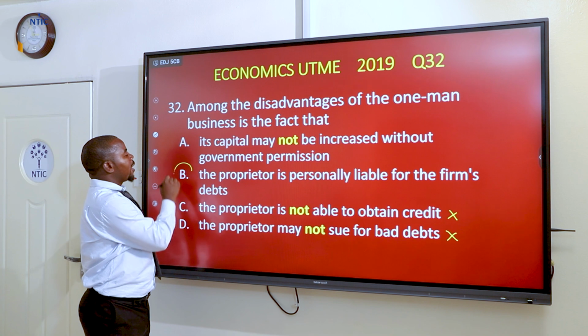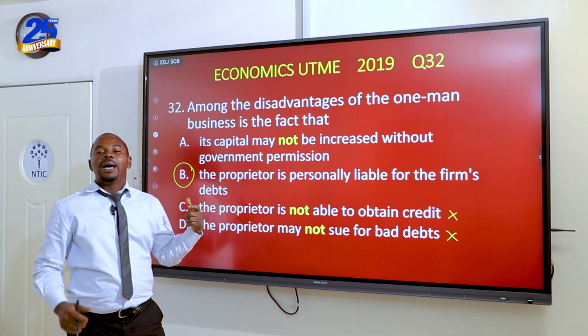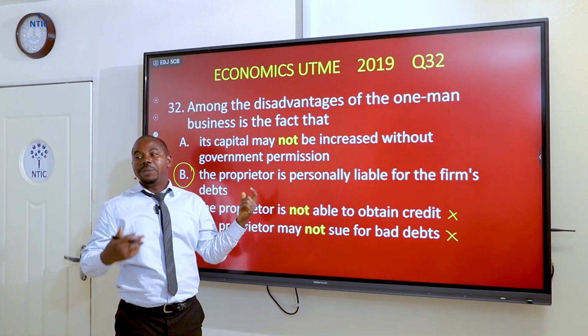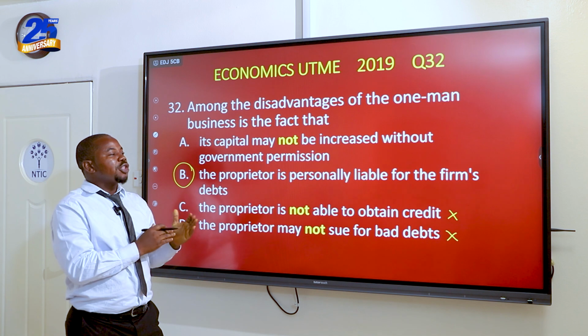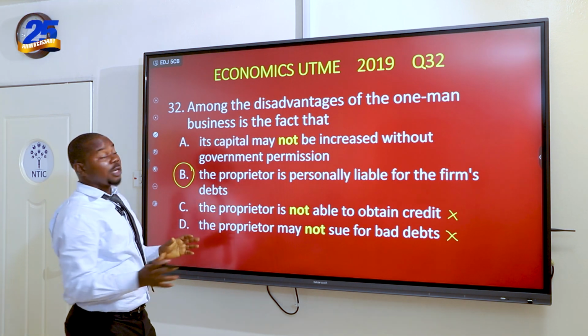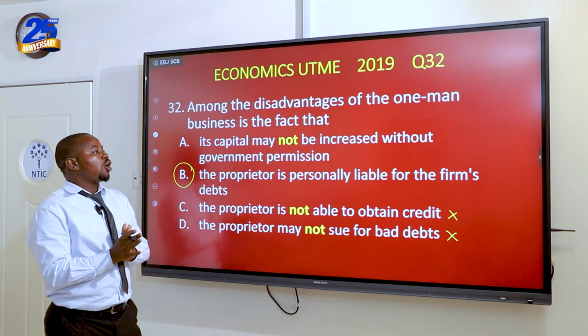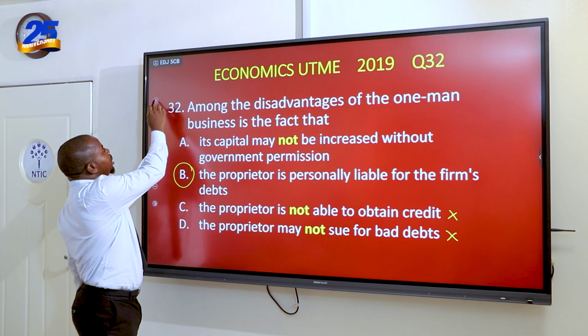Yes, this is correct, because the firm has unlimited liability. So the liability of the firm is not limited to the capital of the firm, just as companies and other corporate institutions benefit. So the correct answer is option B.